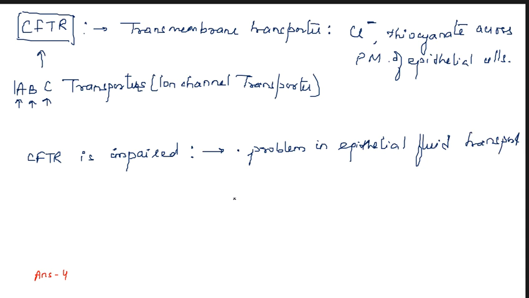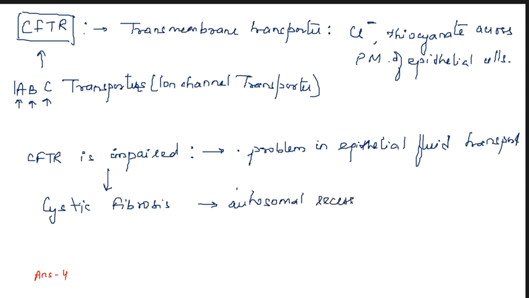And when this CFTR is impaired, it causes a disease known as cystic fibrosis. Cystic fibrosis is an autosomal recessive disorder in humans. Since it is a recessive disorder, both the genes which encode CFTR have to be mutated to cause this disease.